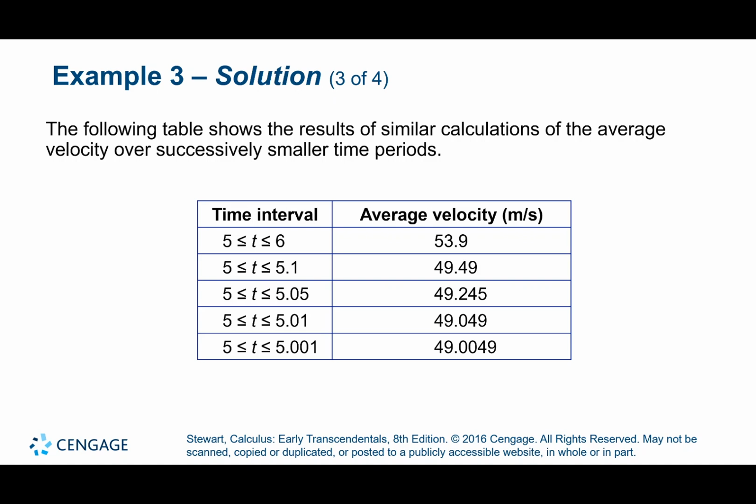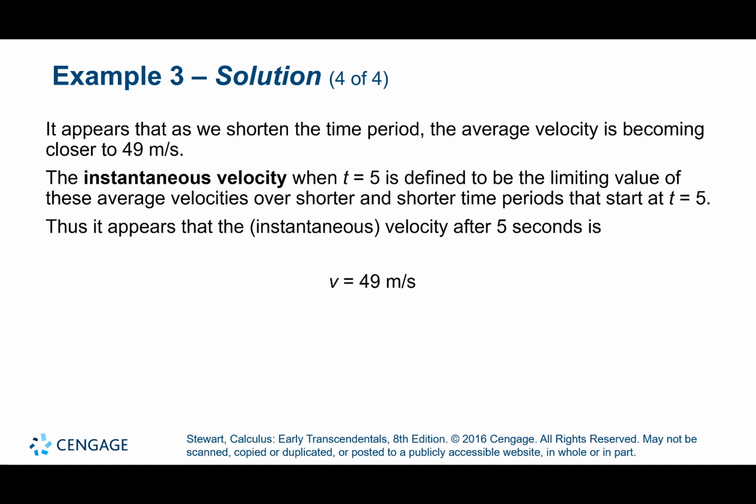So at time t equals 5, what do you think our velocity is going to be? As our time intervals get smaller and smaller, it looks like we're getting to 49. So through this limiting idea, at time t equals 5, our not average velocity anymore, what we're talking about then is instantaneous velocity, right?